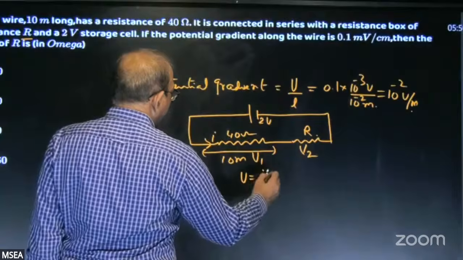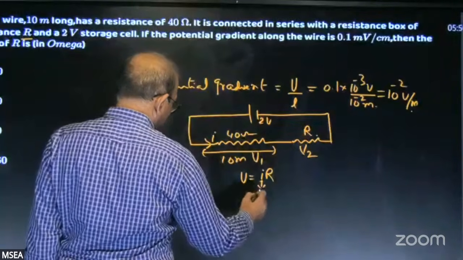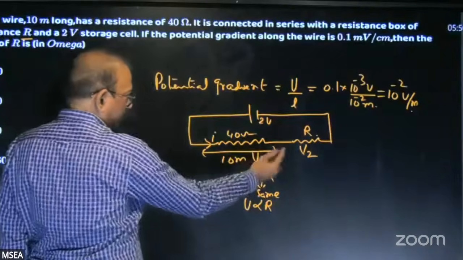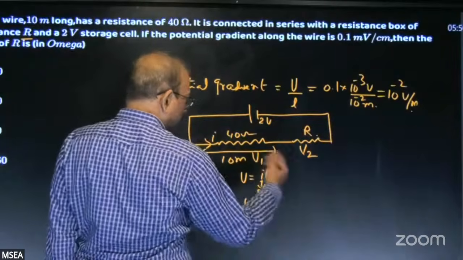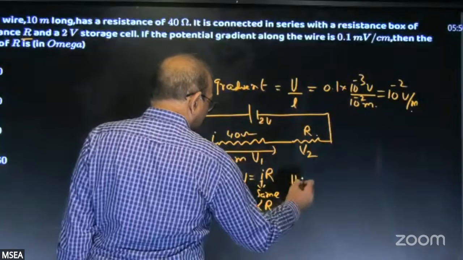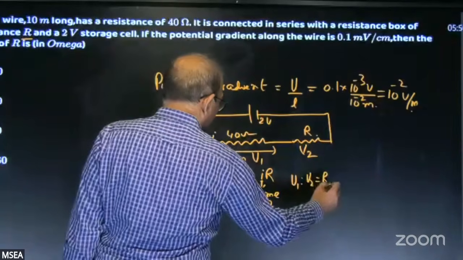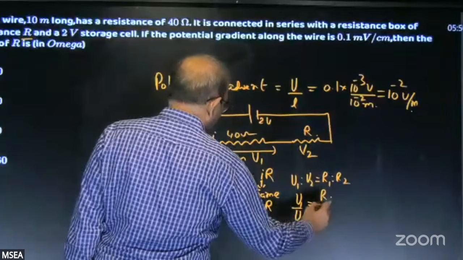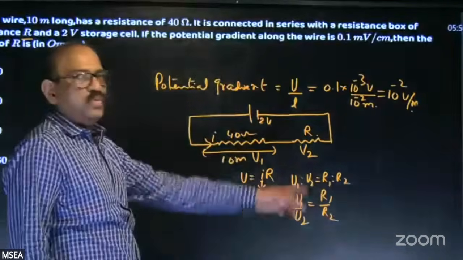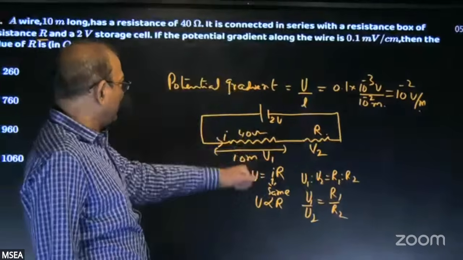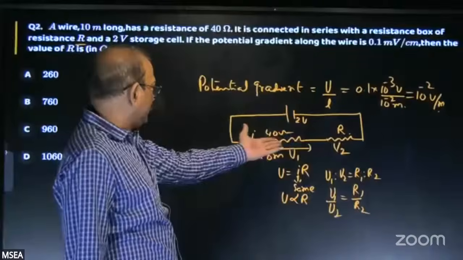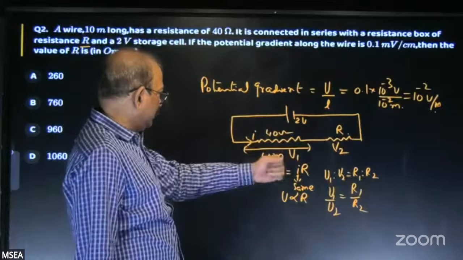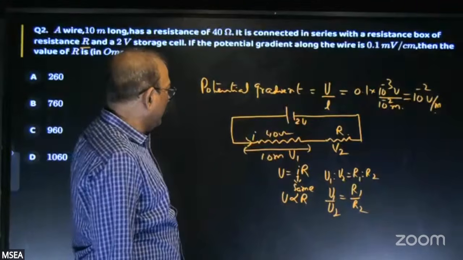V equals IR, I is constant here, the same in both, which means V is proportional to R for them. Potential difference is proportional to resistance. V1 is to V2 as R1 is to R2, V1 by V2 is R1 by R2. We need to use this. When you look at two resistors in series, and one resistor's potential is given, immediately you should get the idea of where to apply the potential divider rule.